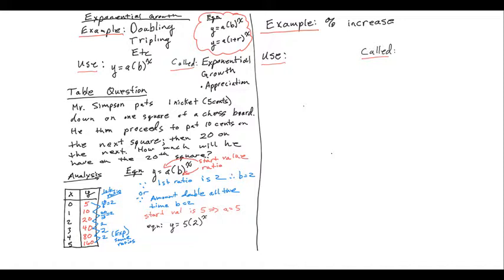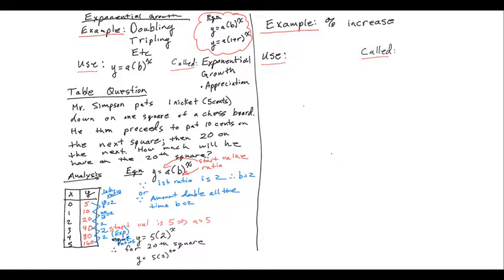So now, if I asked you to find the value of our function for the 20th square, all we're going to do is replace x with 20. So we write y is equal to 5 times 2 to the 20, and we get some number.